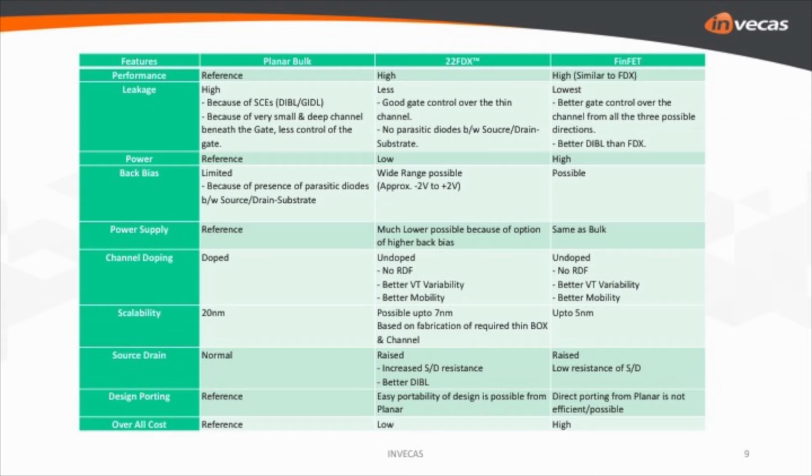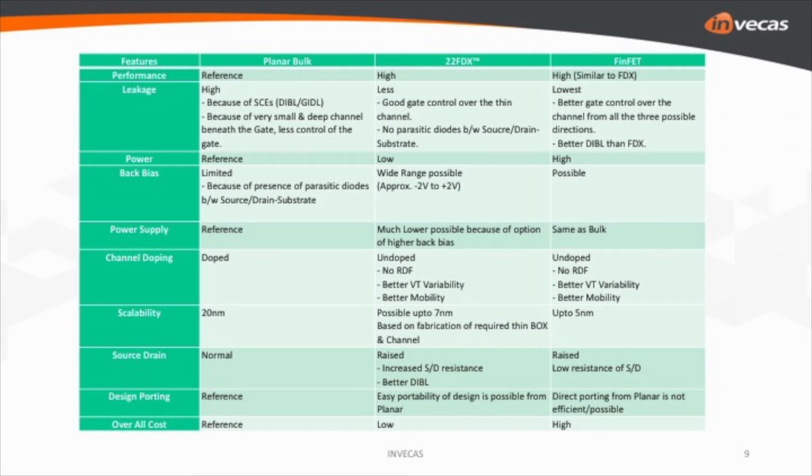22FDX as a process is a planar process, which is very similar to the bulk process. It has about 20% lower die cost than the FinFET process and about 50% lower mask cost than the FinFET process. It has integrated RF options, and it's architectured for transistor body biasing, where in forward body bias mode we can achieve ultra low voltage operations, and in reverse body bias mode we can achieve ultra low leakage options.